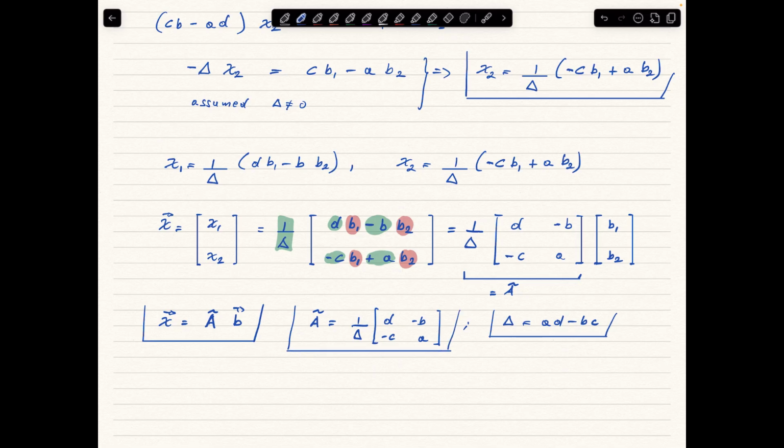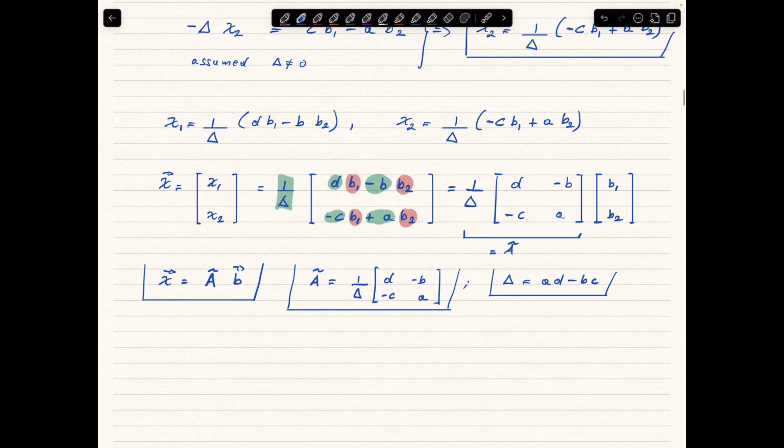So the conclusion here is that the matrix A inverse is 1 over delta times D, minus B, minus C, A, and that is the delta.